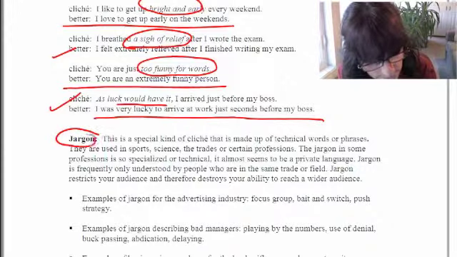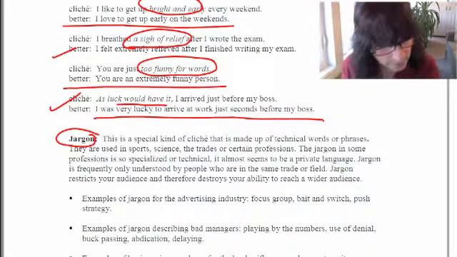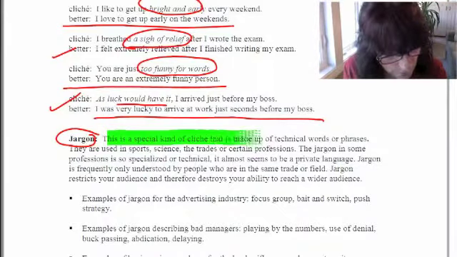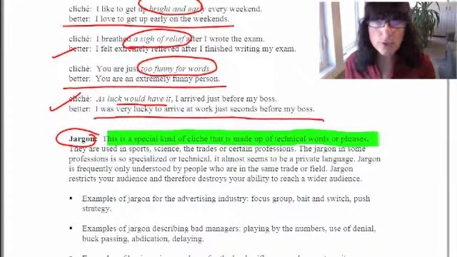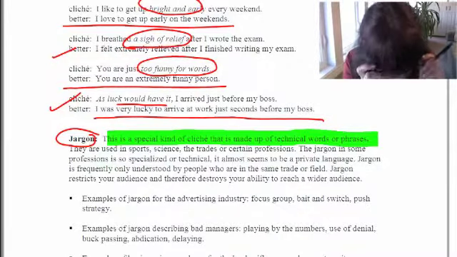Okay, next is jargon. Now, what is jargon? What does it mean? And I've given you examples. Jargon is a special kind of cliche, and it's made up of technical words or phrases. And these words or phrases are frequently used within a small group. They might be technical words, they might be words specific to a particular profession.